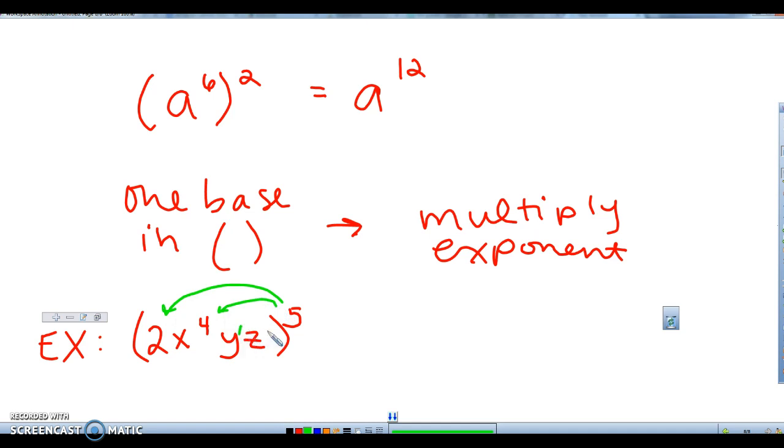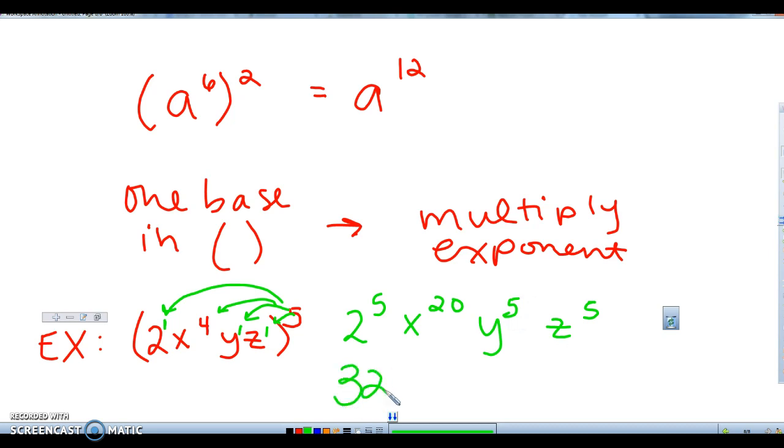And remember, y and z have an exponent, and the 2 has an exponent of 1. So that would be 2 to the 5th, which I'll need to simplify, x to the 20th, because I multiply 4 and 5, y to the 5th, because 1 times 5 is 5, z to the 5th, because 1 times 5 is 5. So finally, I'll get 32, x to the 20th, y to the 5th, z to the 5th.